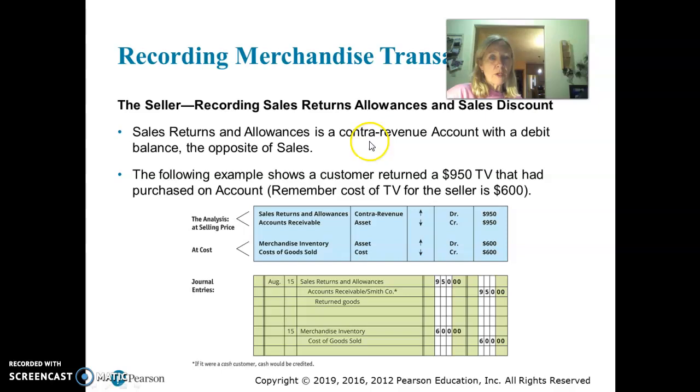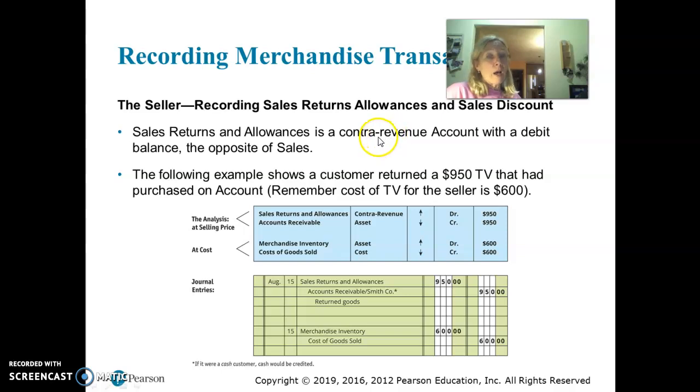Contra, just like accumulated depreciation was a contra asset, a contra revenue goes against the revenue account. The normal balance in a revenue account is a credit. Contra revenue is going to decrease your revenue, and that's what sales returns and allowances do in a real business.